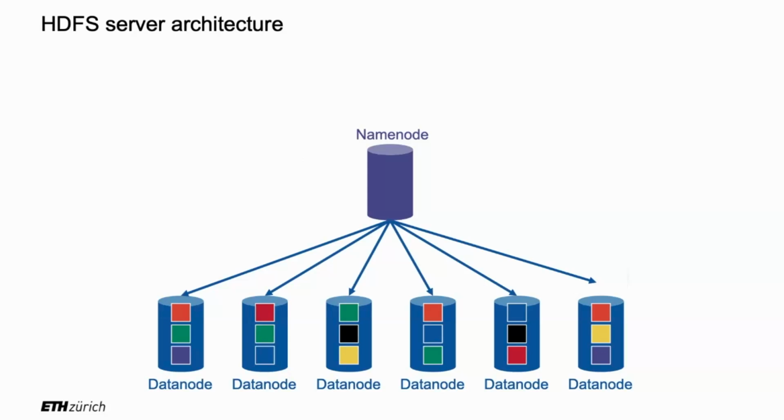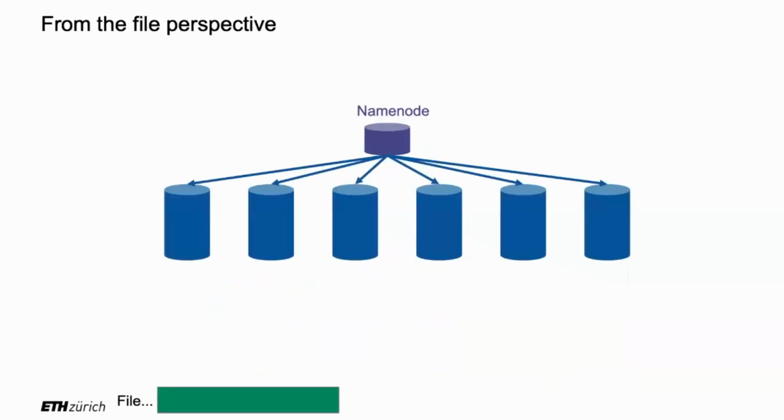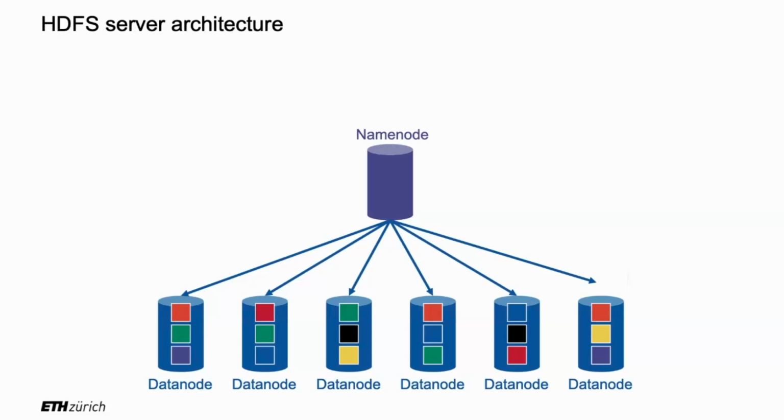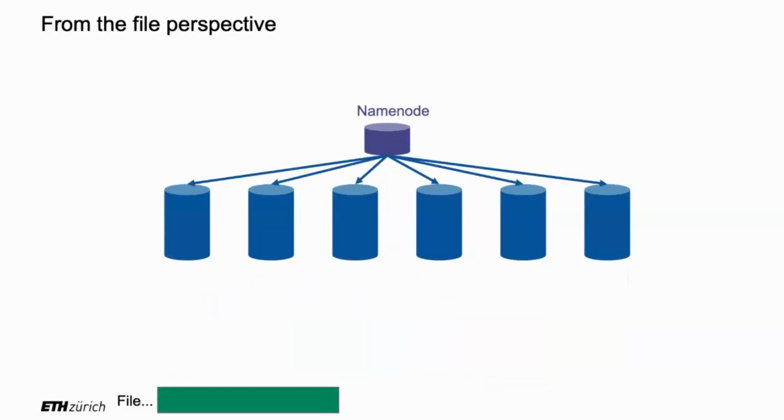All right? Now, obviously, a data node doesn't just have 3 blocks, right? I oversimplified on the slides. In reality, it has a few thousands of blocks on each data node, right? Okay, so now let's take the perspective of one file, just one file. Let's say a large file that is a few terabytes. So if I take that file, on the logical level, a file is just a big sequence of zeros and ones.